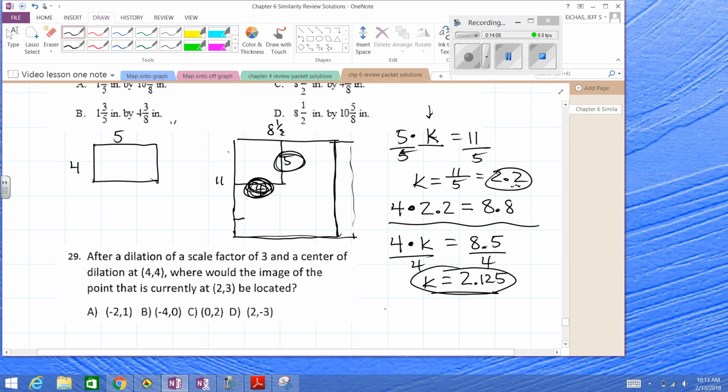Now what we're going to do is take our 4 by 5, and multiply by this scale factor. So take both of those numbers: 4 times 2.125 is 8.5.